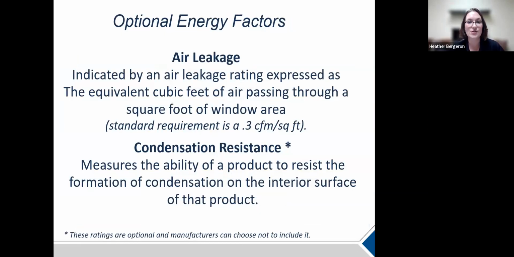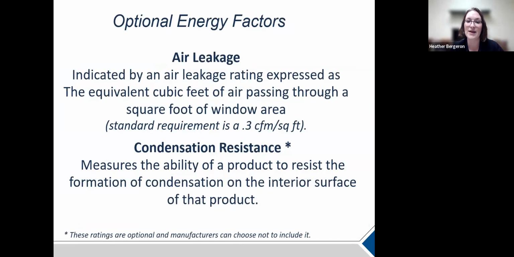Optional energy factors. So talking a little bit more about air leakage. That's indicated by the ratings expressed as the equivalent cubic feet of air passing through a square foot of window area. So if you take the actual size of a window, you can figure out your square footage of that.